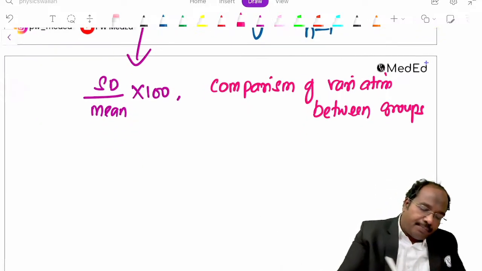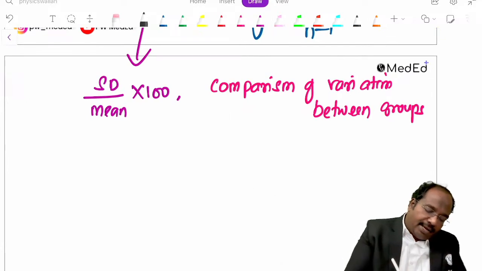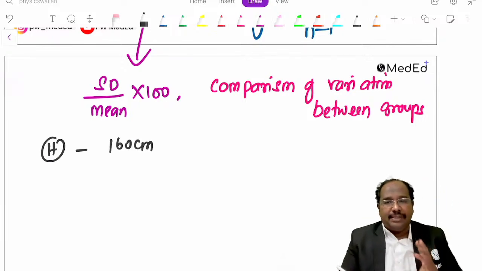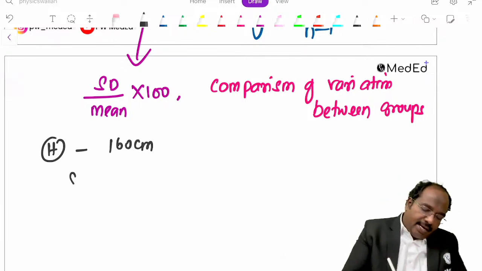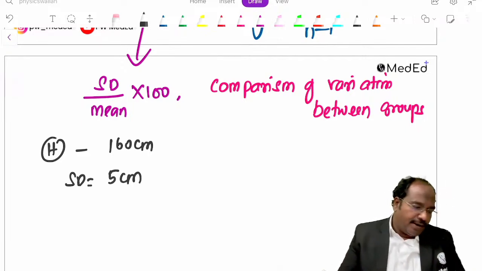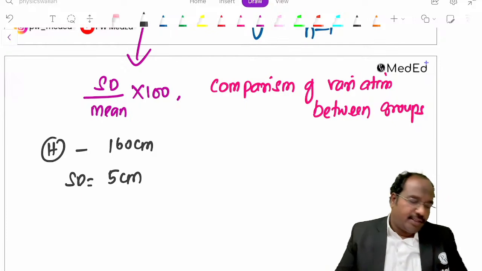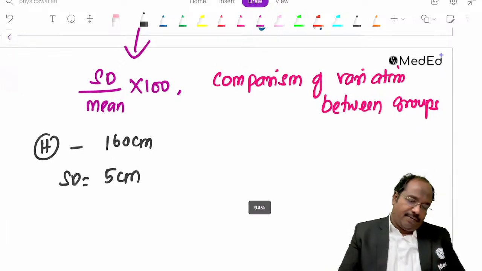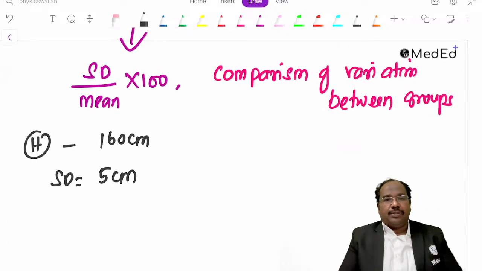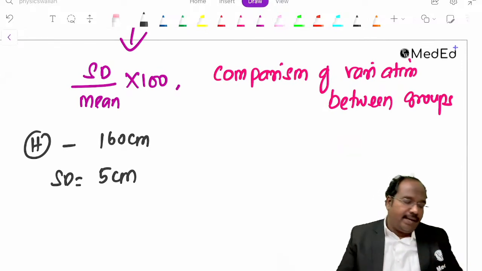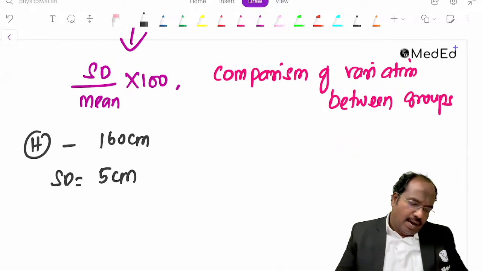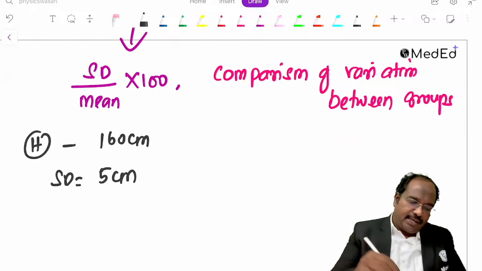Suppose in a class I am measuring height. The mean height, that is the average, is 160 centimeter, and standard deviation is 5 centimeter.